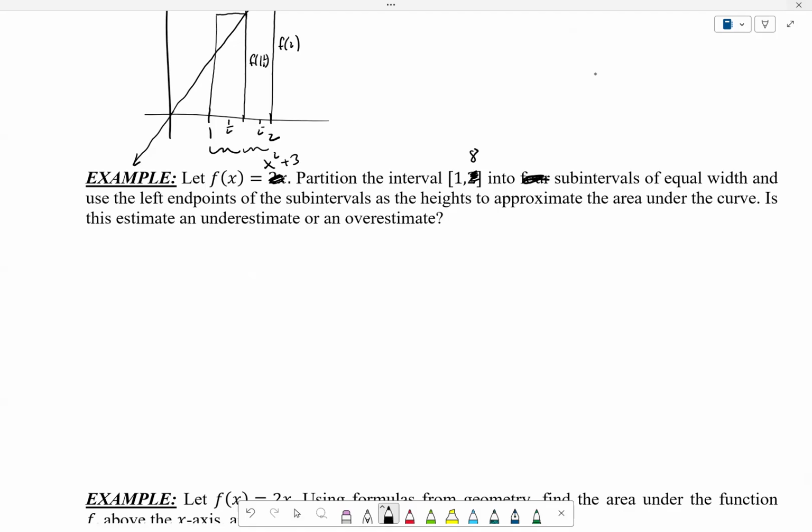Choose a number that's not 7. 6, okay. We're gonna break it up into 6 subintervals. It's unlikely you're gonna have to do this next year, but you will have to do it for your homework. So I want to help you through this.